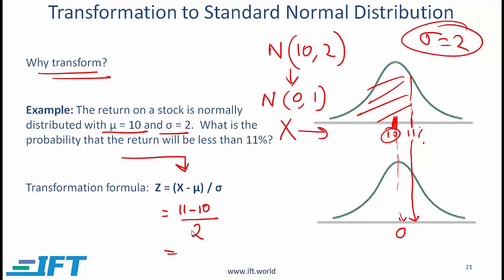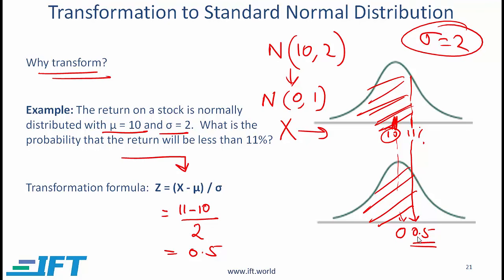So this is 1 over 2, which is 0.5, which is essentially saying that 11% on the normal distribution transforms to 0.5 on the standard normal distribution. So the probability that the return is less than 11% is exactly the same as the probability that the standard normal is less than 0.5.